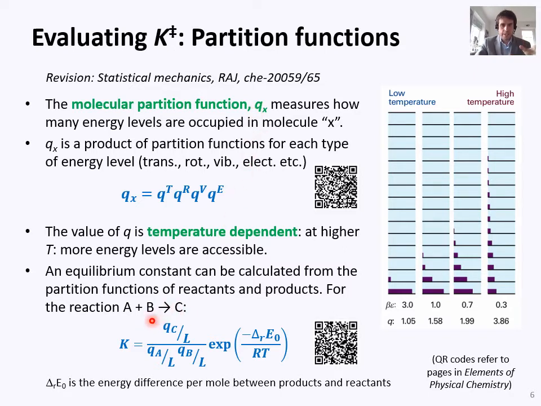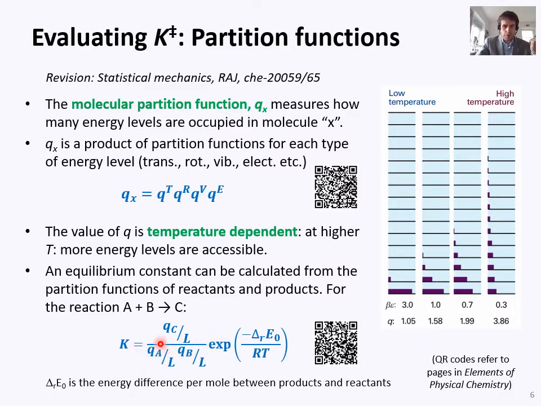But the final thing is basically that if you know the partition functions for your molecules, you can actually draw up an equilibrium constant. So for a reaction like this, which is obviously very similar to the reaction we're looking at, we can say the equilibrium constant is equal to the partition function of C divided by Avogadro's number, divided by these two here.